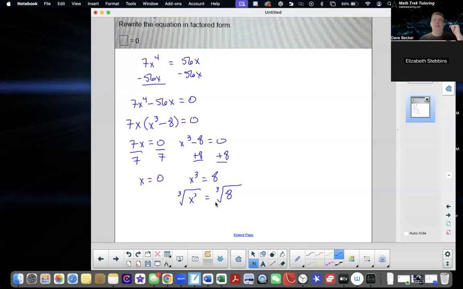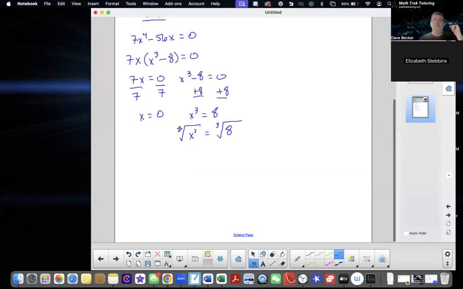And you might think, why am I not putting plus or minus in front of that? I'm going to tell you that in a second. The cube root of x cubed is x. That's the whole reason we do it.